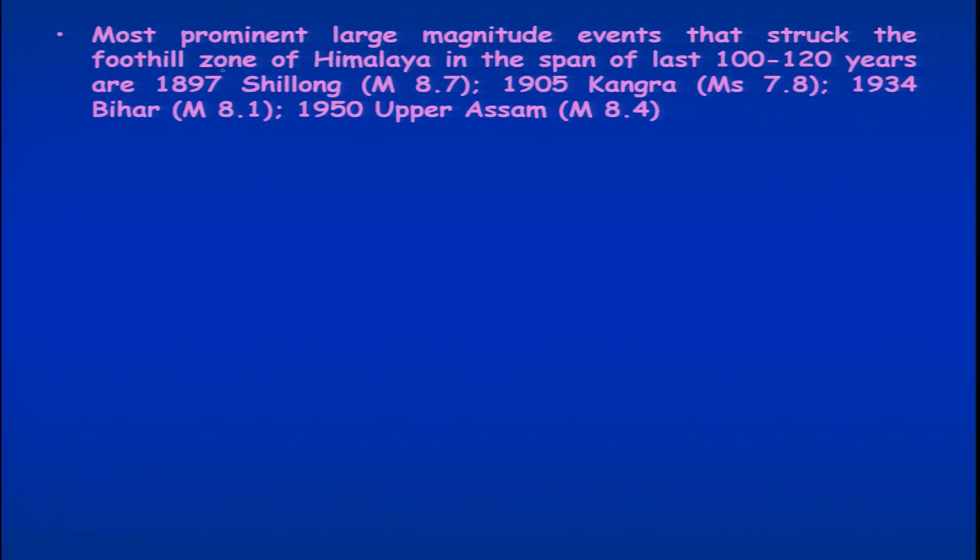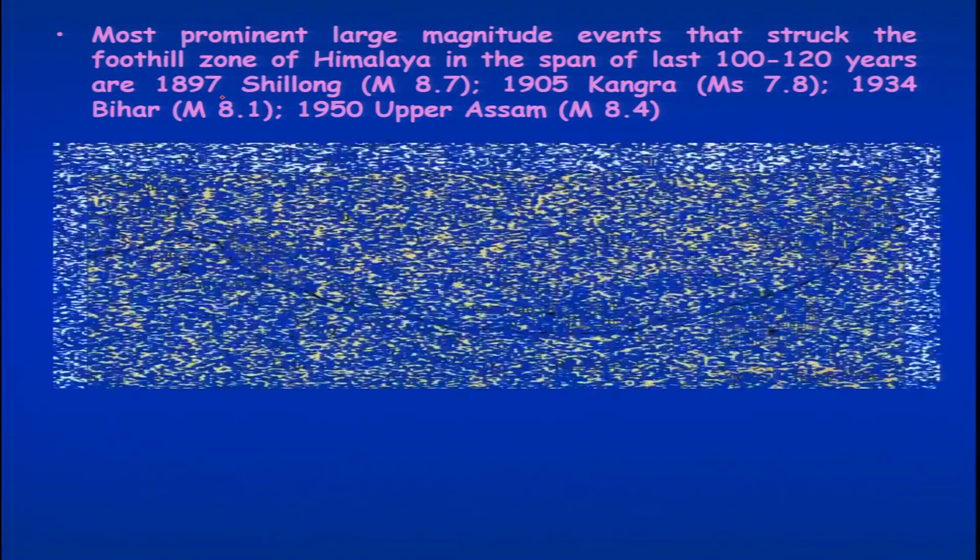Hence, it has been excluded from the earthquakes related to Himalayan tectonics, but nevertheless the overall deformation going on between the Indian plate and the Eurasian plate was responsible for triggering this earthquake also.